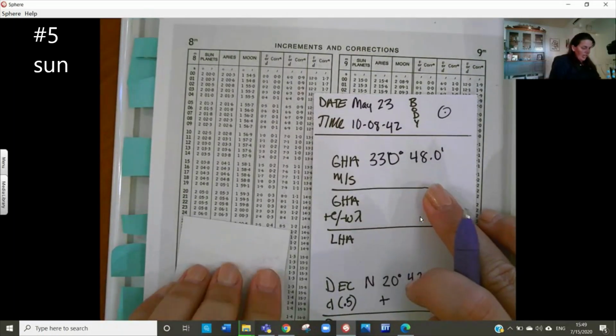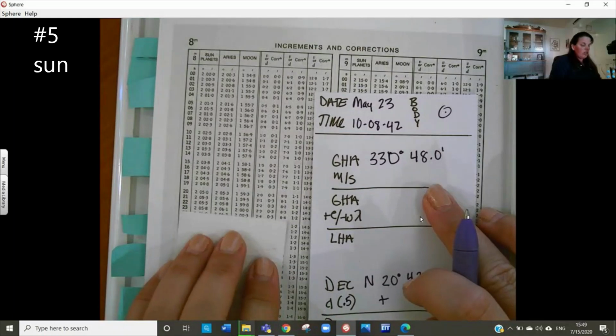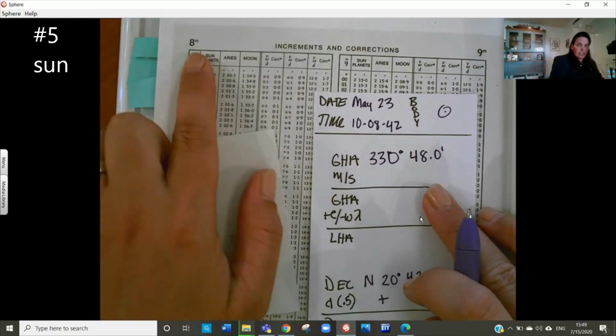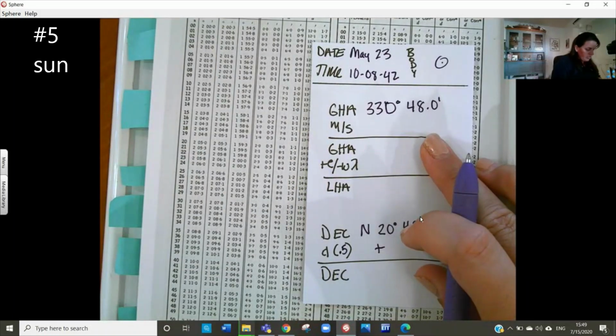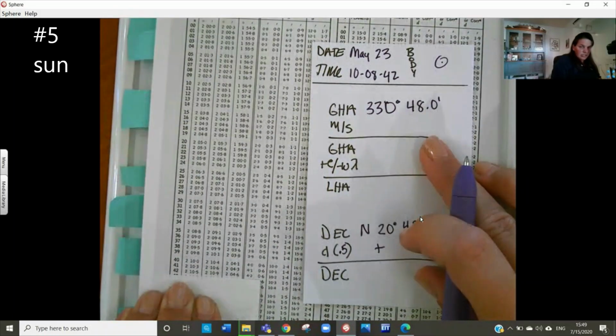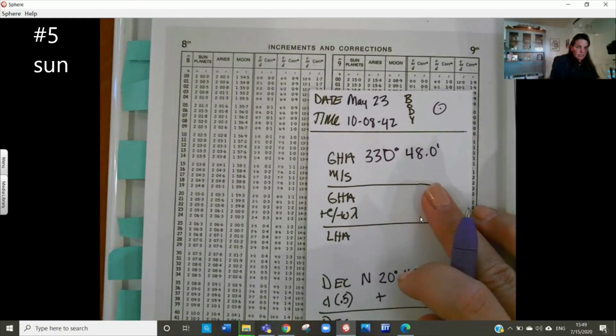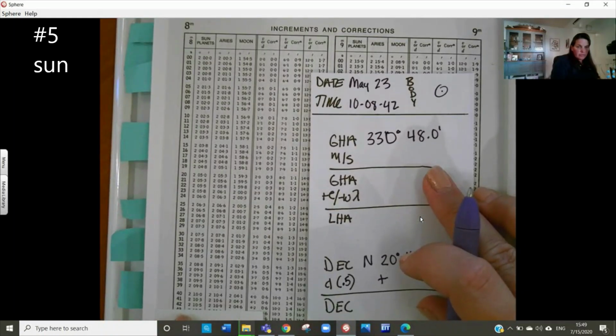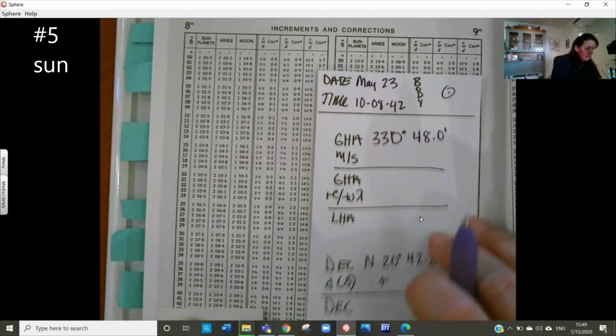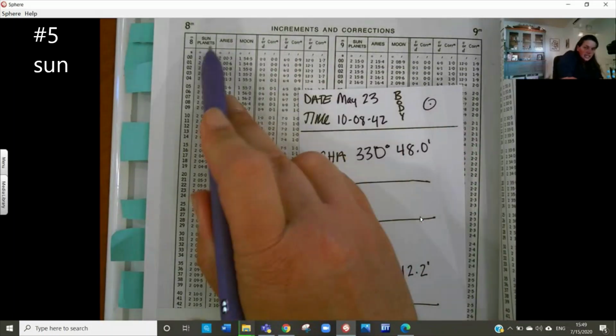So we have 10:08:42. So we're in the 8-minute, and now we're looking for 42 seconds. So that's going to be down here. Can you see those? Yes. Okay. So our 42 seconds and we're looking at the sun.